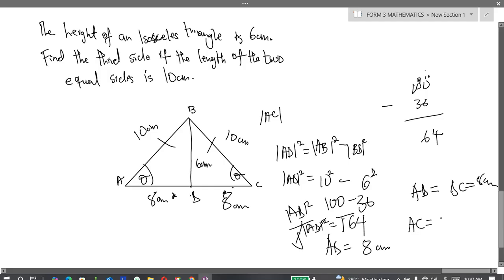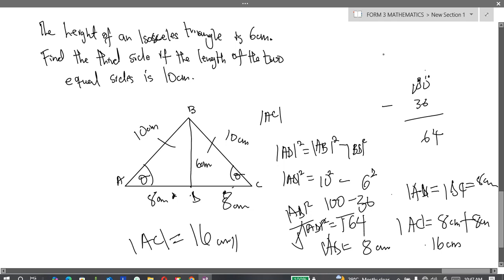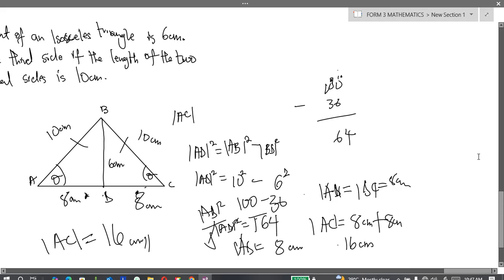AC will be equal to 8 centimeters plus 8 centimeters, which gives 16. So therefore AC, which is the third side, is 16 centimeters. Isn't math beautiful? Yes, it is.